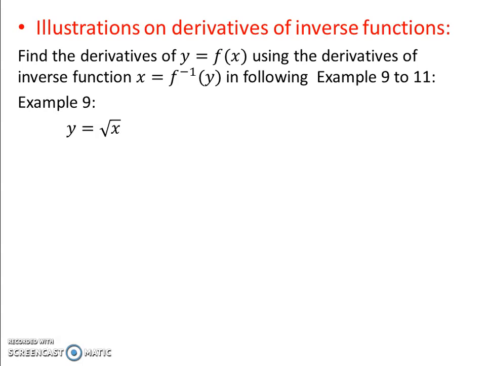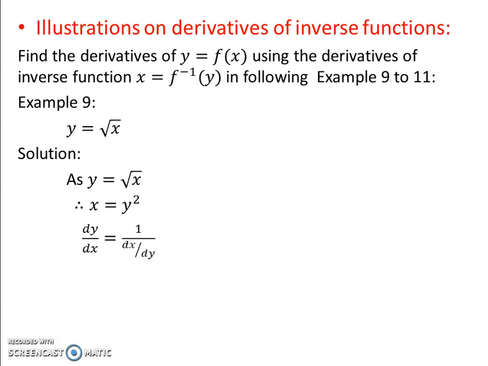Then we will calculate dx by dy, and replacing that in the formula we get the answer. So as y equal to root x, squaring we get x equal to y square. Therefore dy by dx equal to 1 upon dx by dy, that is equal to 1 upon d by dy of y square.